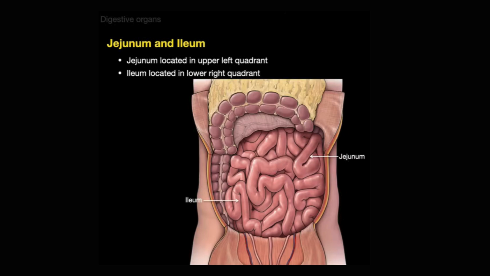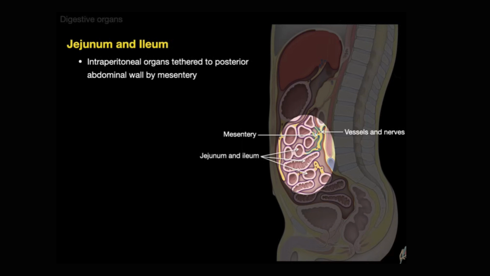Now, the small intestine, like I said, is split up into three parts. The ileum is located at the lower right quadrant, while the jejunum is located in the left upper quadrant. Here you're looking at a sagittal section of the body.